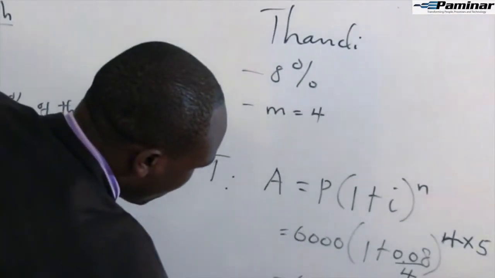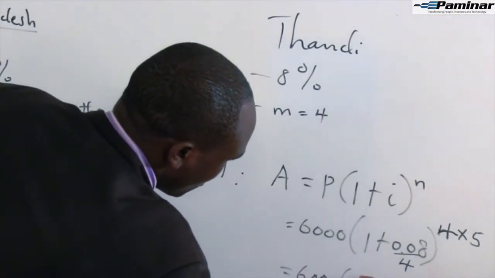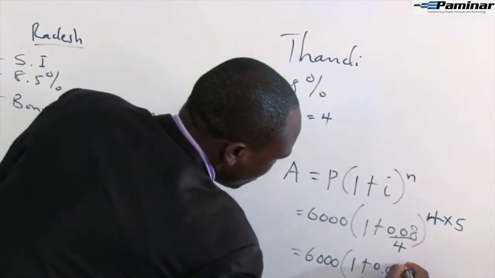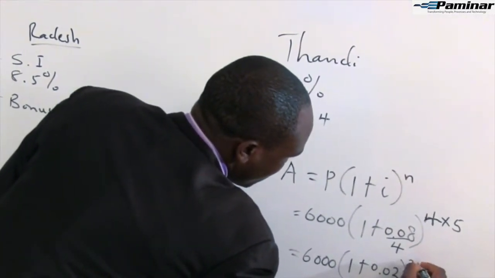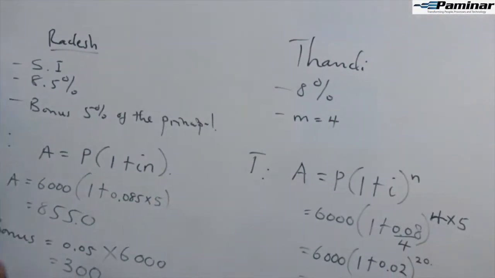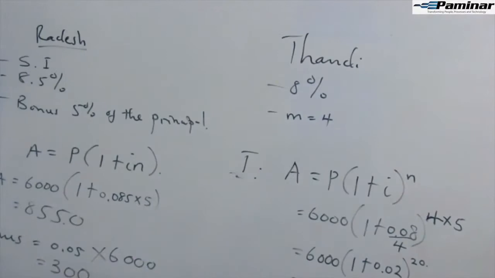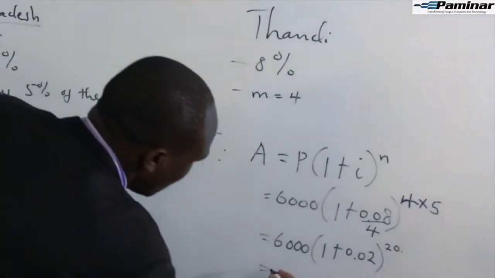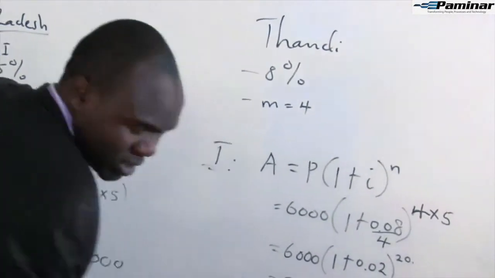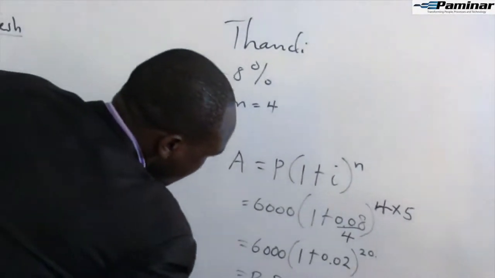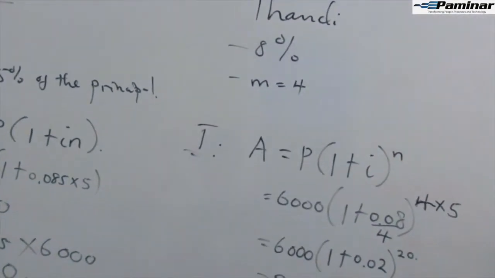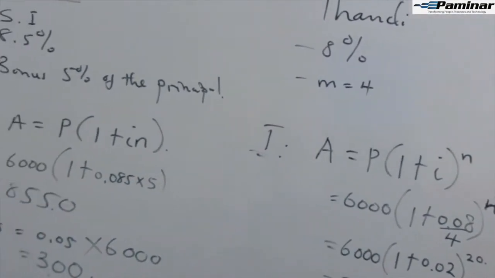So 6,000 times (1 plus 0.02) to the exponent of 20. So what is the total figure? 8,915.68.